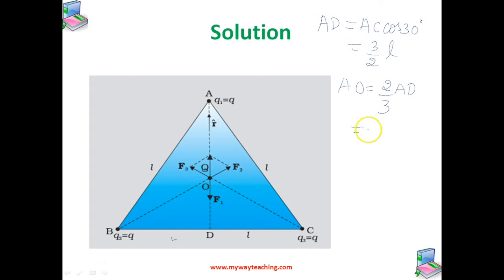And we already know the value of AD. So by symmetry we can write AO is equal to BO is equal to CO, isn't it?